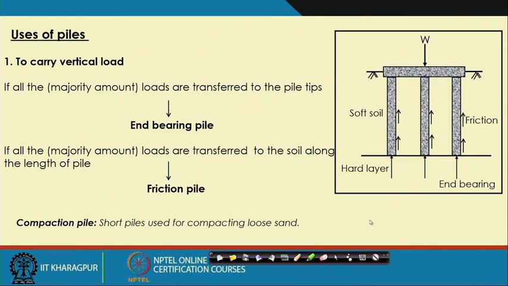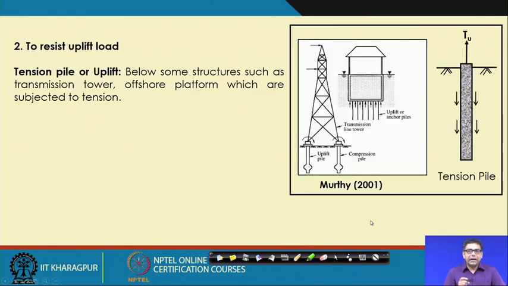Then, piles can be subjected to tension or uplift. The compressive load, where the pile is under compression, is very common. Any structure constructed on a pile has mostly compressive load.